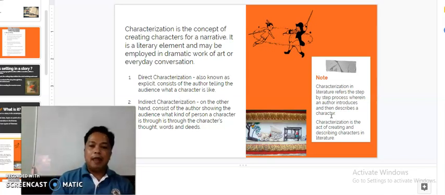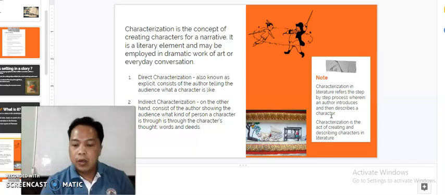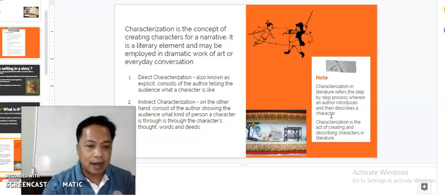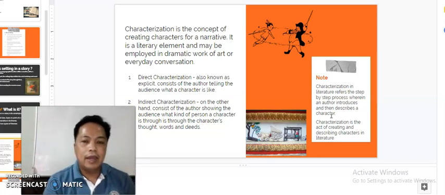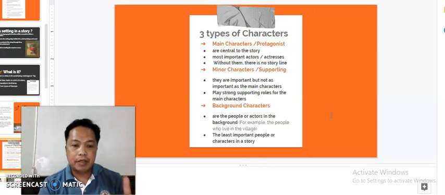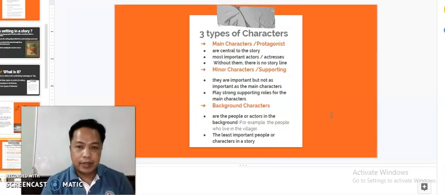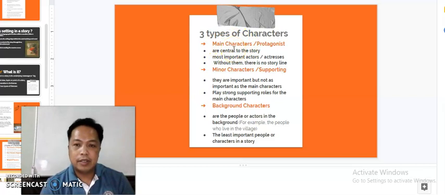We have three types of characters. Do you know what those are? Okay. There are three types of characters. The first one is the main characters, or people call this the protagonist.